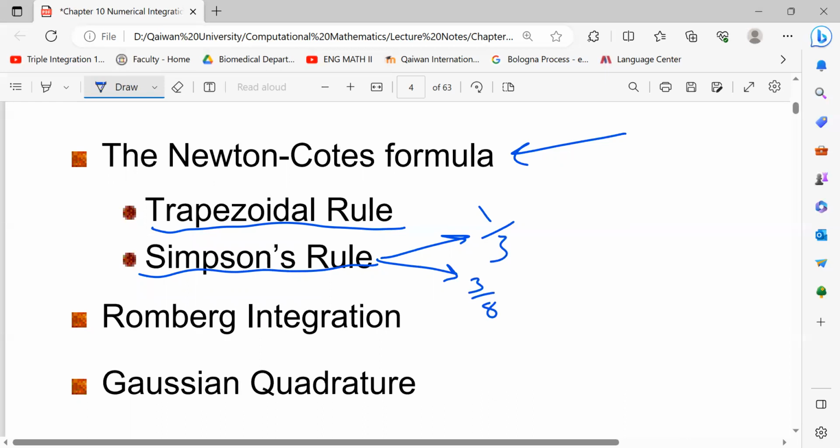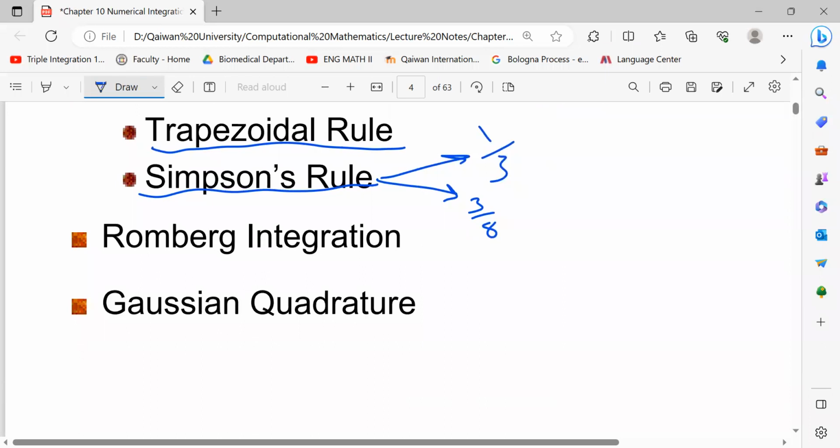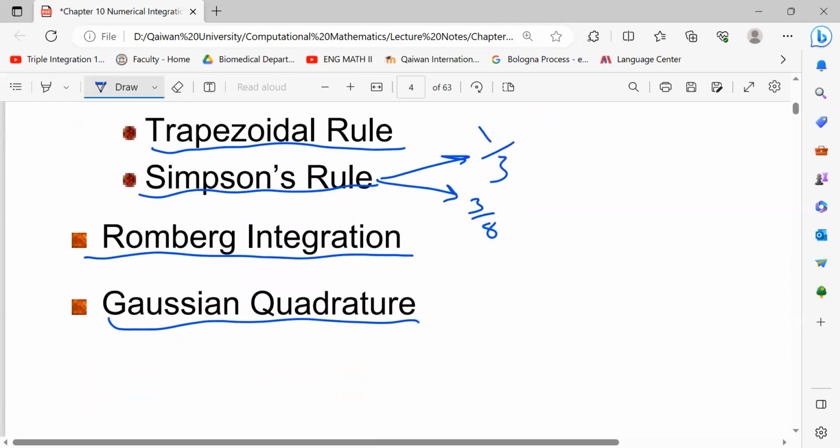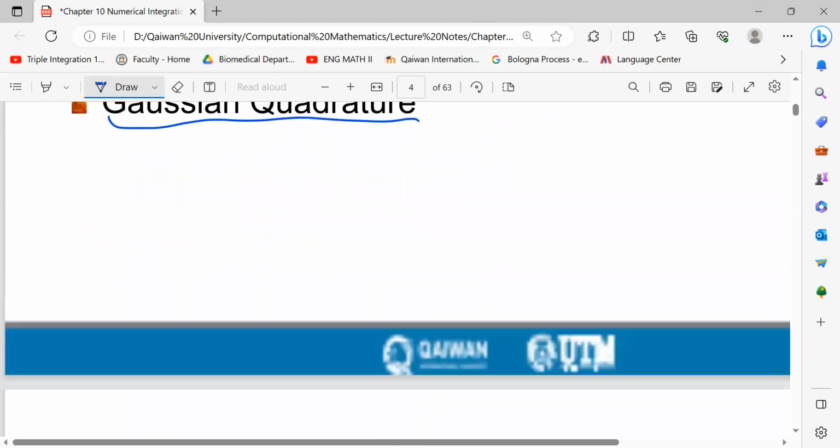So we have trapezoidal rule and also Simpson's rule, and Simpson's rule has two rules. Okay. And then we have Romberg integration and also Gaussian quadrature. We have these methods that we study here for evaluating an integration approximately.